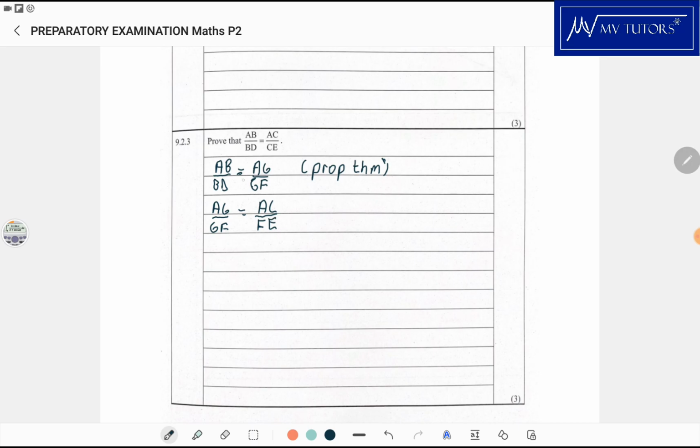Okay, so since both of these are equal, you can see that they have AG over GF equal.